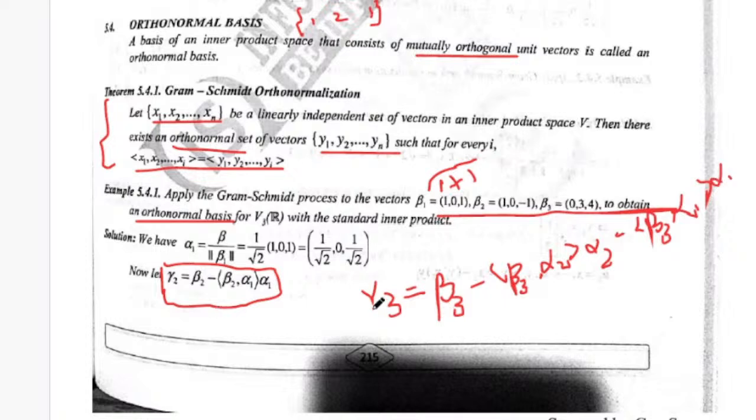For gamma n, here they have given three vectors, but if there are n tuples, gamma n will be beta n minus inner product of beta n and alpha 2, and so on up to alpha n minus 1.